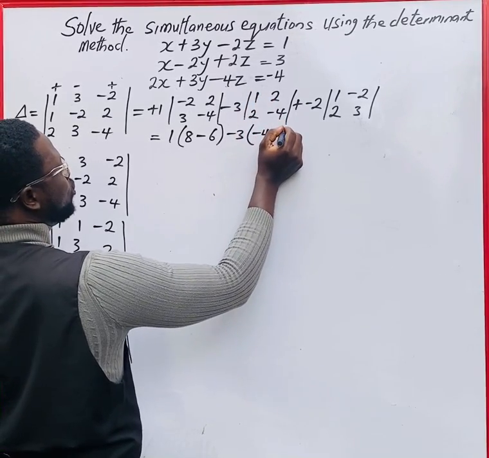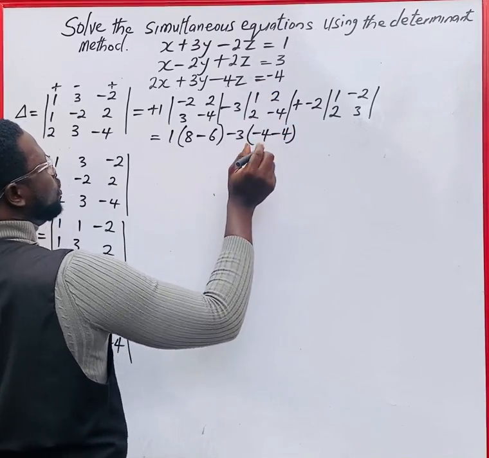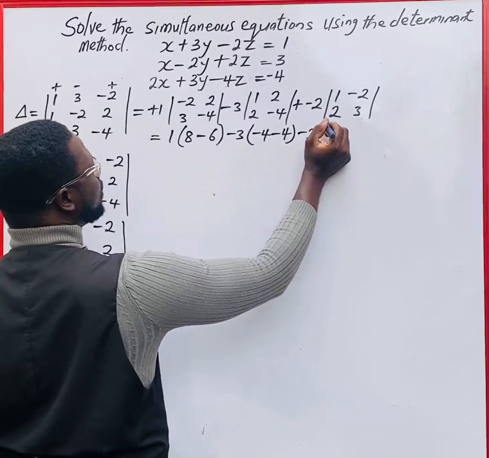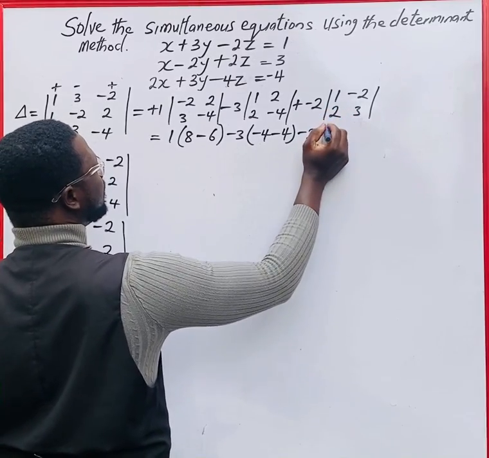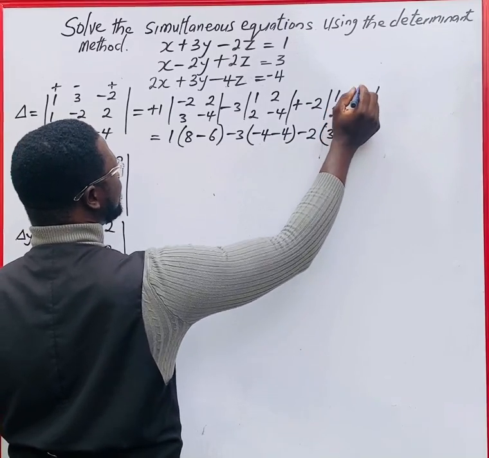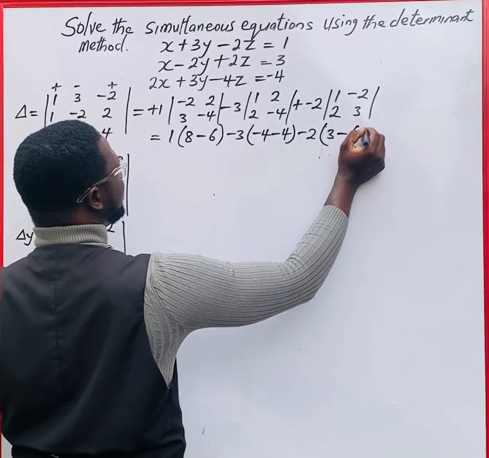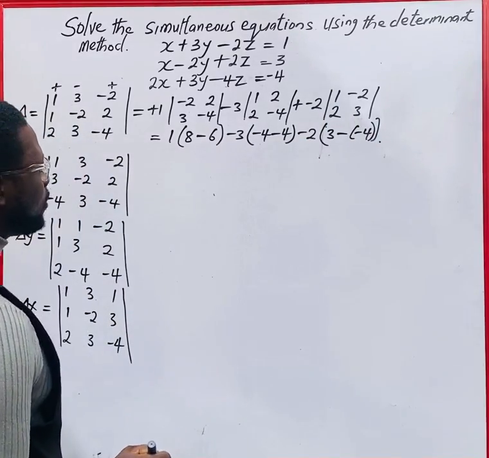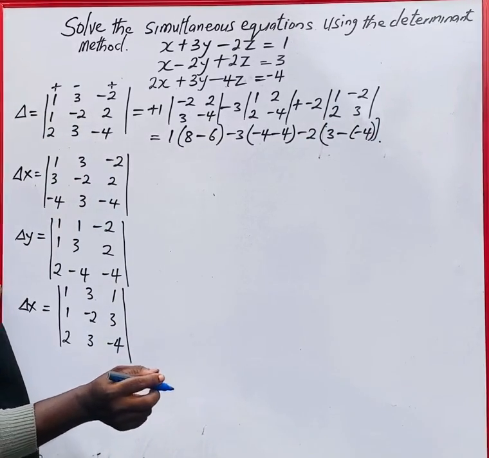Then 2 times 2 is 4. So here we have minus 2. Plus minus is minus. So here you have 3 times 1, 3, and 3 times minus 4. All right, so we can now simplify and get our value.